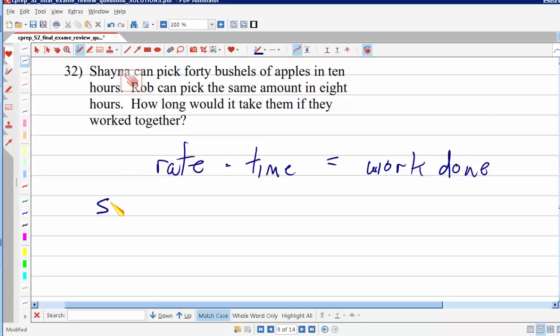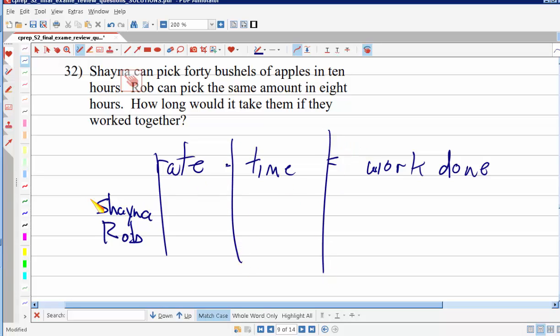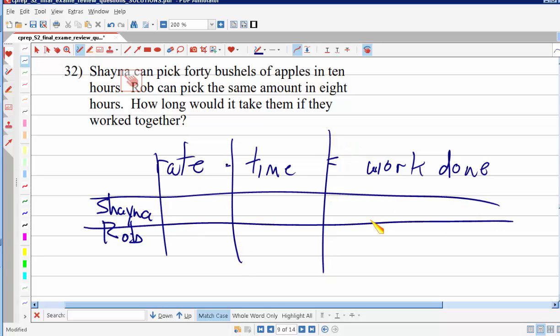Okay, so I'm going to have one entry for Shayna and one for Rob. So Shayna does 40 in 10 hours, so her rate is 40 bushels divided by 10 hours, which is 4 bushels per hour.